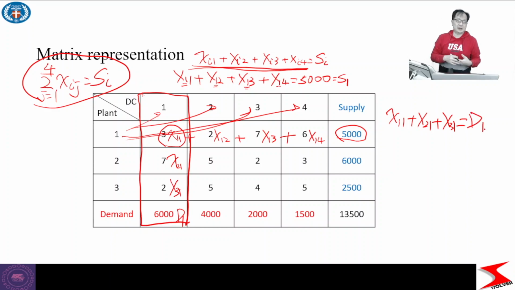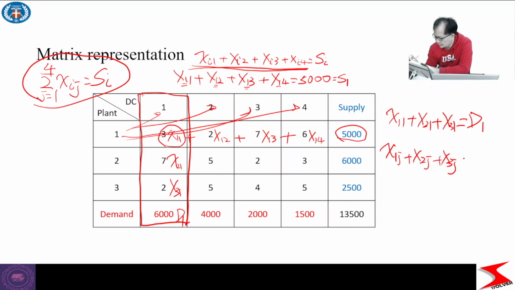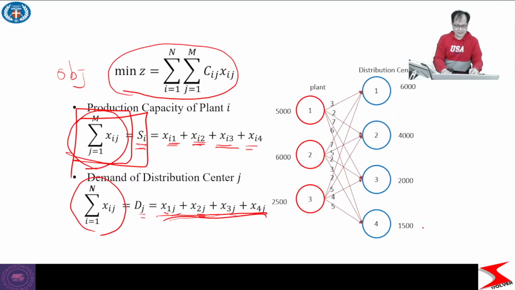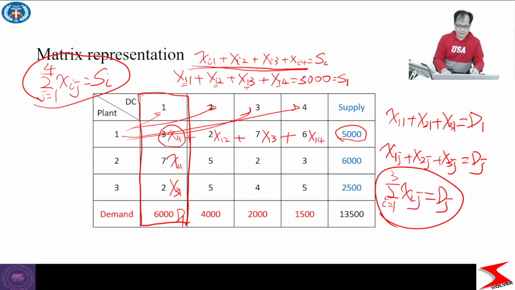Then we change to j: x1j plus x2j plus x3j equals Dj. Then we use the summation symbol, the summation over i from 1 to 3 of xij equals dj. So this constraint is exactly the same as here. This is the way we can construct the mathematical model.